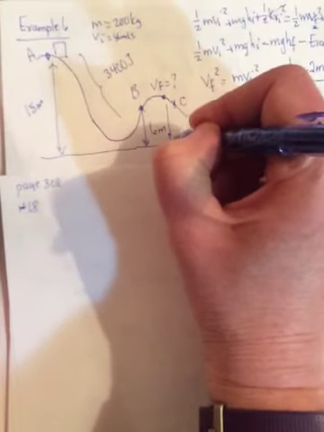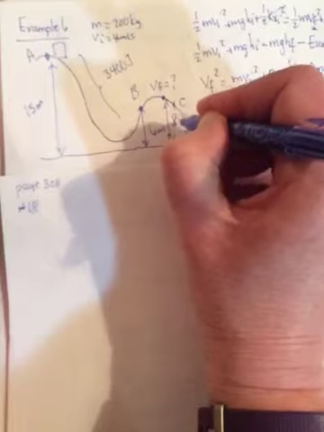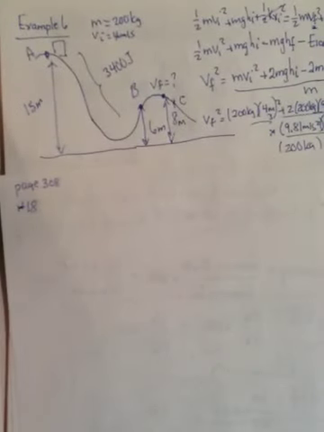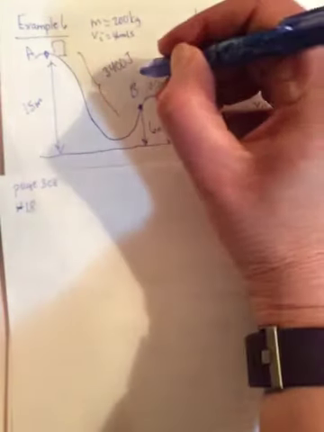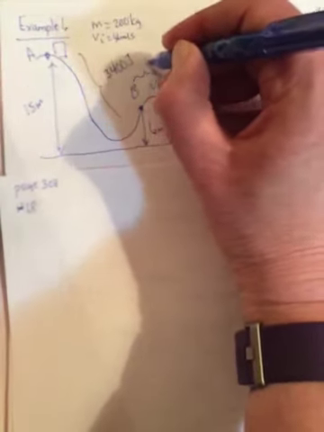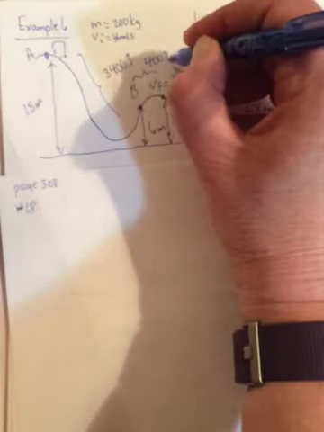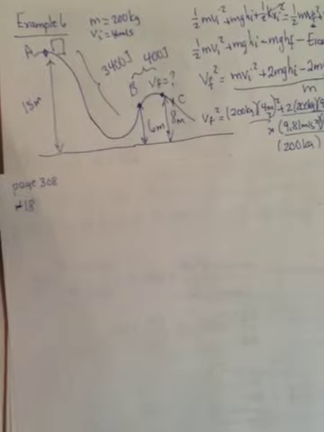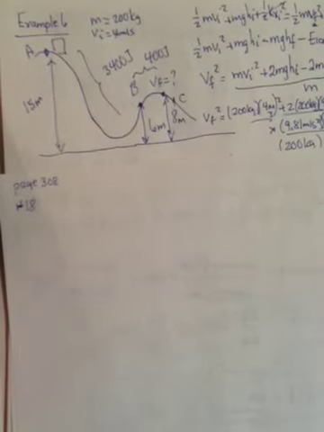So this distance here is 8 meters. And another 400 joules of heat energy are dissipated between B and C. So in other words, another 400 joules are the energy lost between B and C. Okay? And it wants to know, determine the speed.